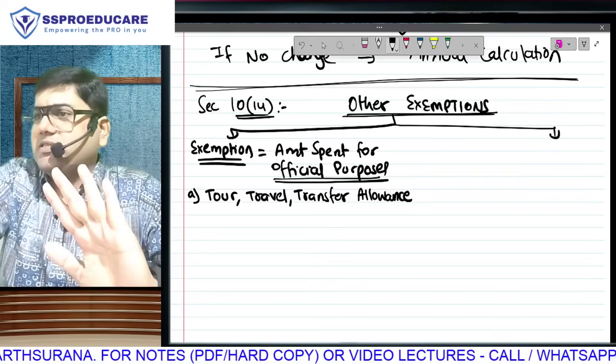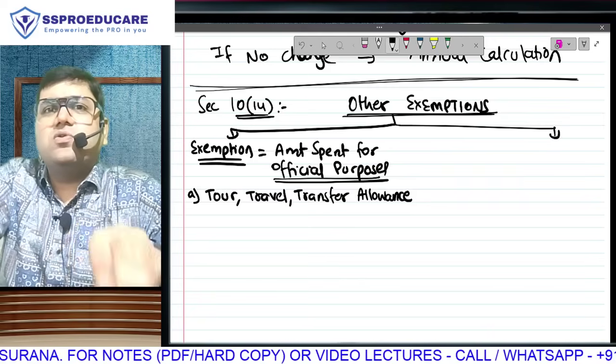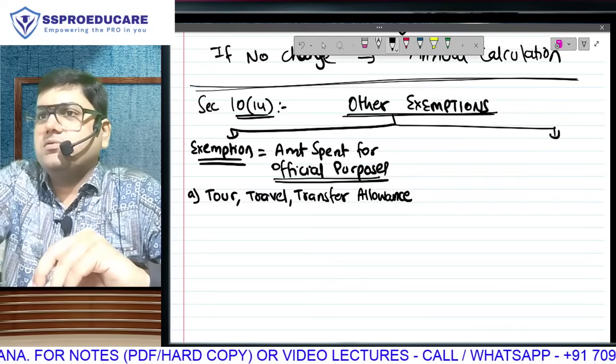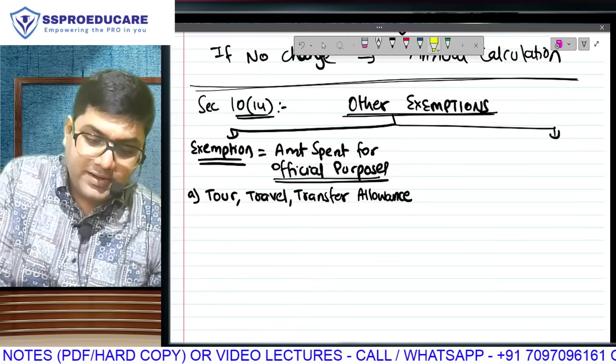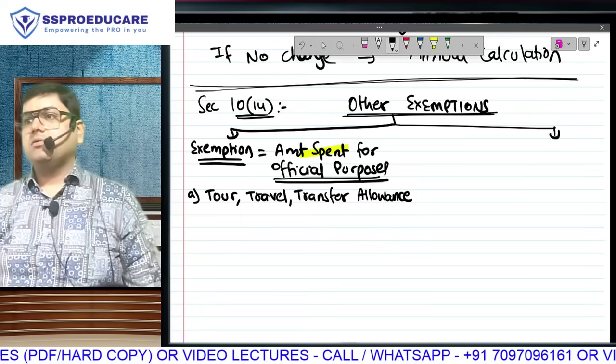Out of the total amount received, 2 lakh, in that entire tour, you have spent 1,80,000. So 20,000 will be taxable, because whatever is spent is the amount which is exempt.